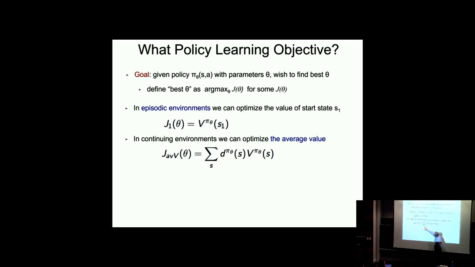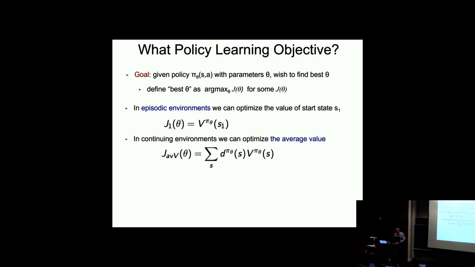It's just the sum over all the possible states of the probability of being in that state times its value function. So it's the expected value of this same quantity taken over the distribution of states that we will end up in. Notice, by the way, this distribution of states is also a function of theta. If you change your policy, you're going to change the distribution of states that you visit.